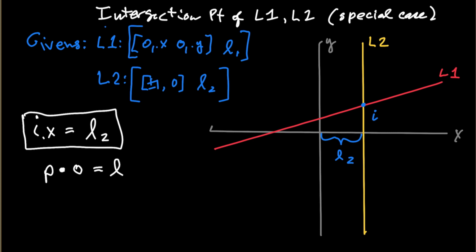We're interested in just that one point, I, and that point is on line 1. So immediately we can say I dot O equals L. And since it's line 1, it'll be the L value for line 1, L1. This will be the orientation for line 1.